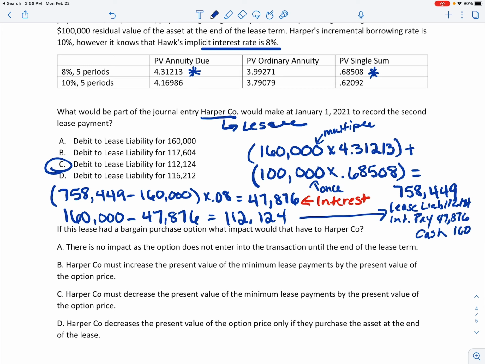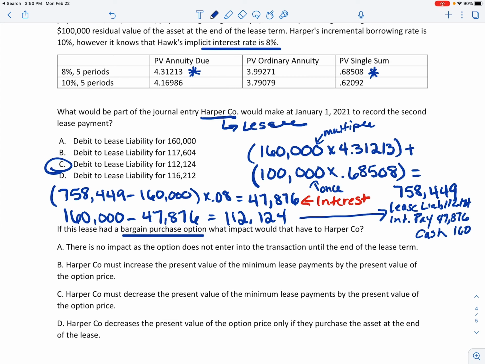So I'm just giving you a little bit extra. Sometimes those word problems are even harder because they all just seem to say the same thing. So looking again at the same problem, if this lease had a bargain purchase option, what impact would that have on Harper Company?